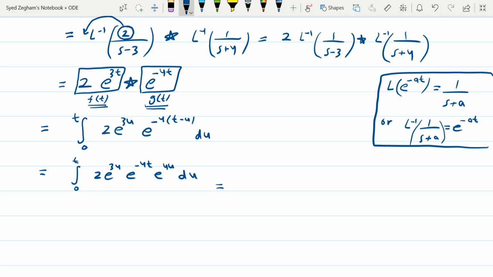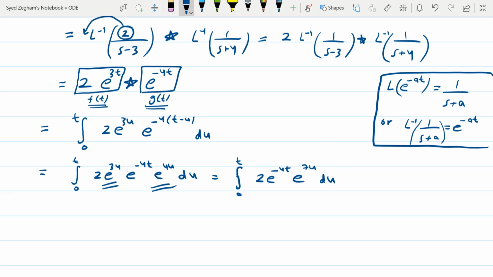And this gives us the integral from 0 to t of 2 times e to the power minus 4t, and e power 3u and e power 4u will combine, so that will become e power 7u du.